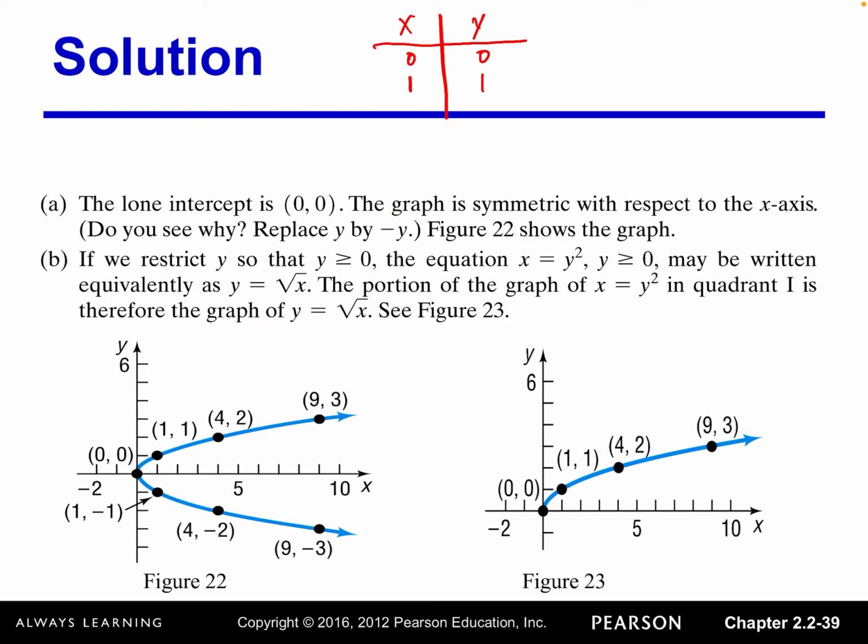So if y equals 2, 2 squared will be 4. If y equals 4, 4 squared is 16. Okay, all right, and then we can plot. Or we can do 3 too. y equals 3, x equals 9. Okay, so we get this half of the graph, and then we know it's symmetric with respect to the x-axis, so we can do the mirror image about the x-axis, and then we get the other half of the graph.